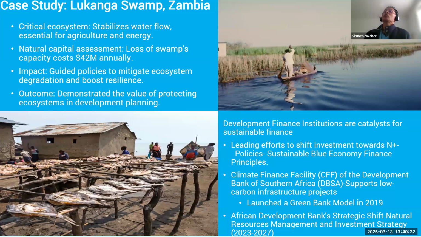This green bank model showcases a scalable model for middle and low-income countries to meet commitments under the SDGs, the Paris Agreement, and the nationally determined contributions. The African Development Bank's strategic shift through the strategy that I mentioned earlier is the Natural Resources Management and Investment Strategy, which runs from 2023 to 2027.